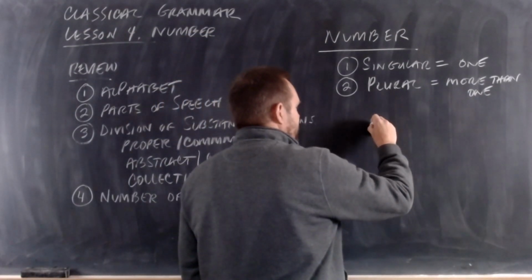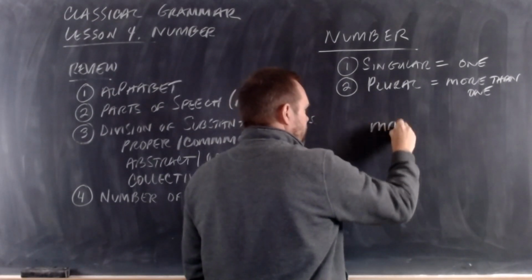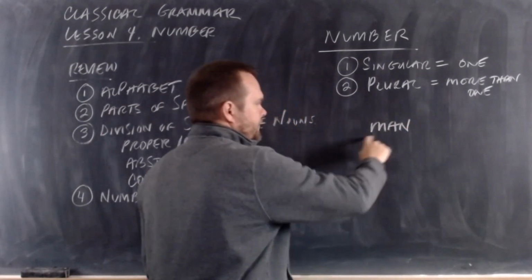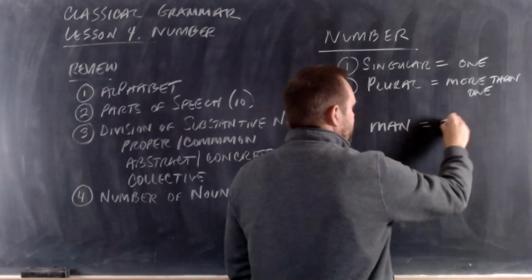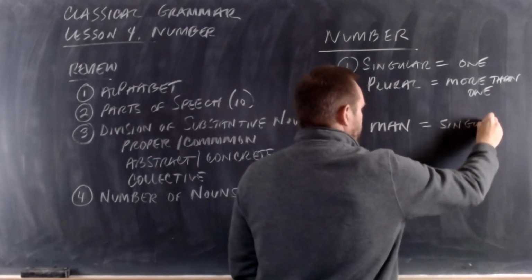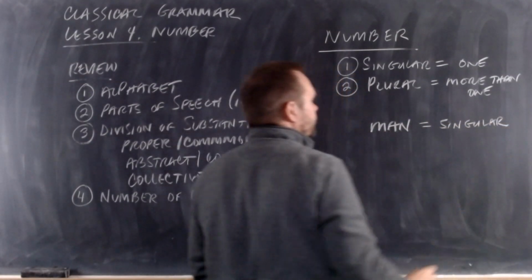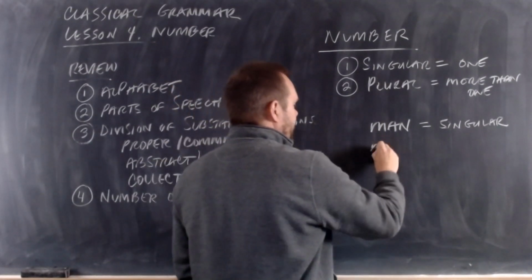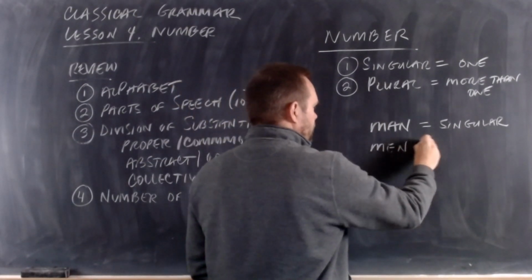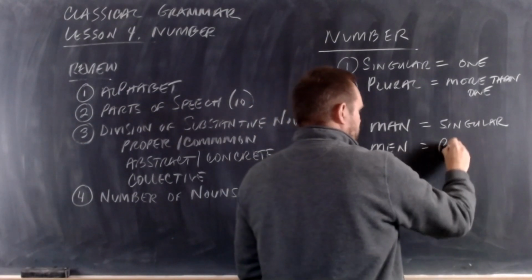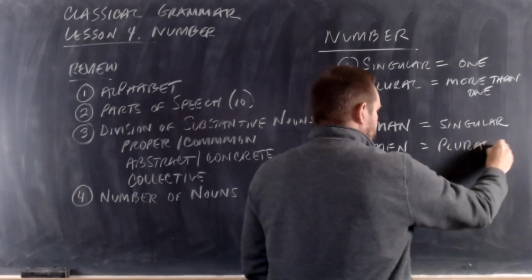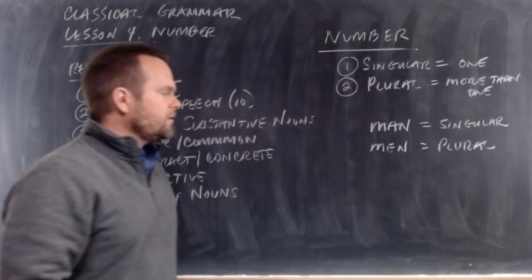So we can see, if I say man, we can see that the noun man is singular. It speaks of just one man. If I say men, we change the form to express the idea of a plural.